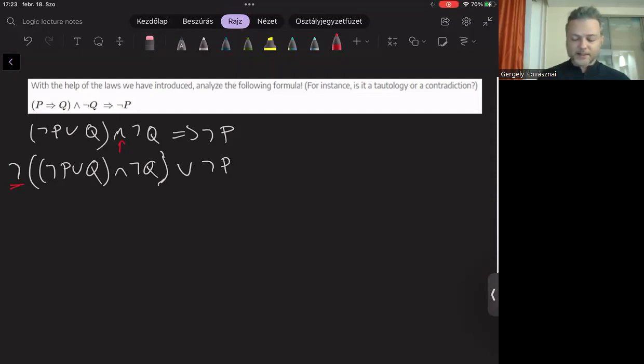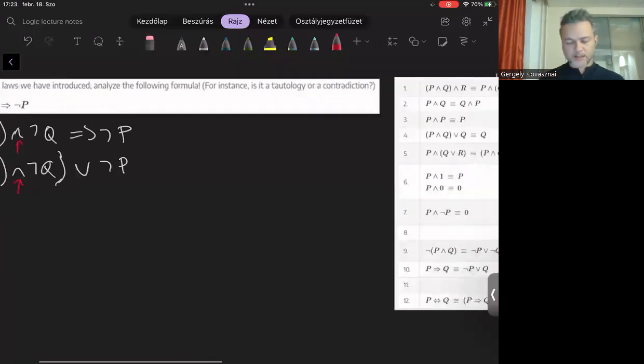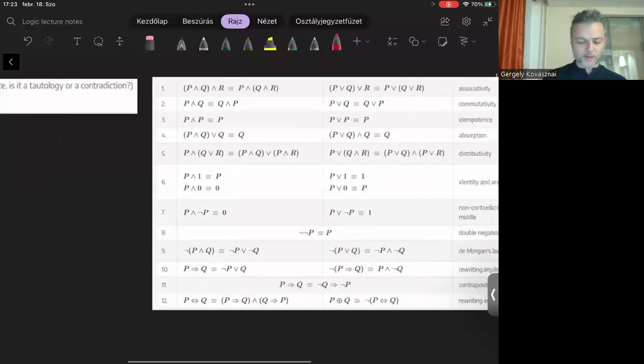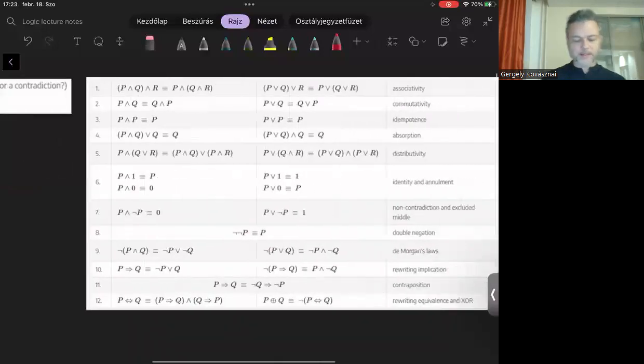To this case, there is a very, very well-known logical law which we are going to apply. So look at this formula here. Now we negate a conjunction, right? So we have a negated conjunction, and let's just look for a law which can deal with such a negated conjunction.